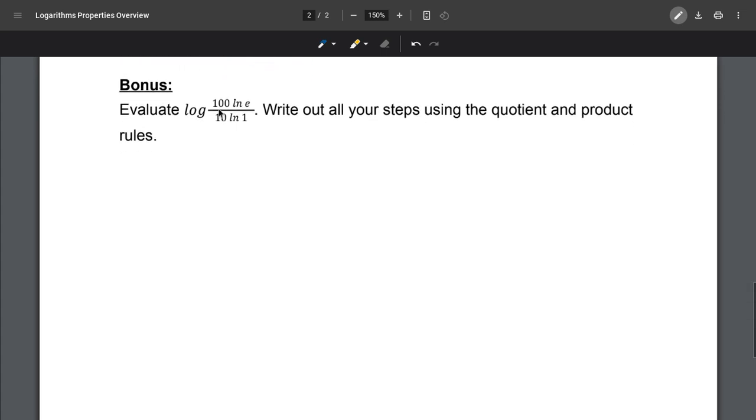All right, and we have a bonus problem here. We're evaluating log of 100 times the natural log of e over 10 times the natural log of 1. Now this one might be a bit weird. If we use our quotient rule, we've got log of 100 times the natural log of e minus log of 10 times the natural log of 1.